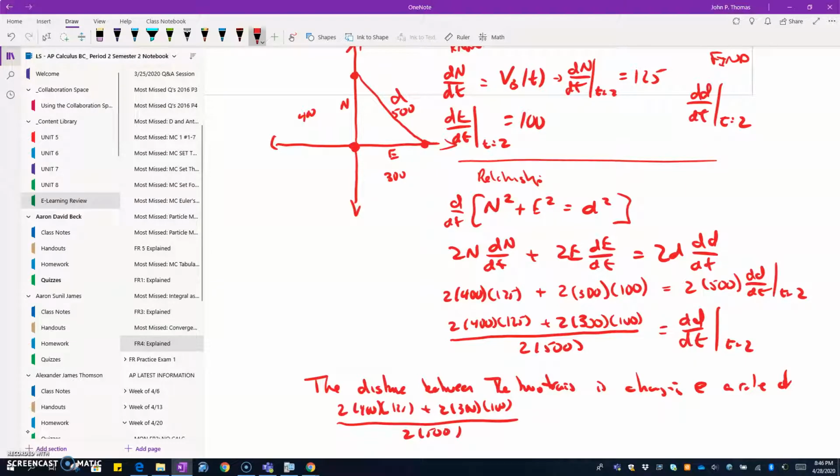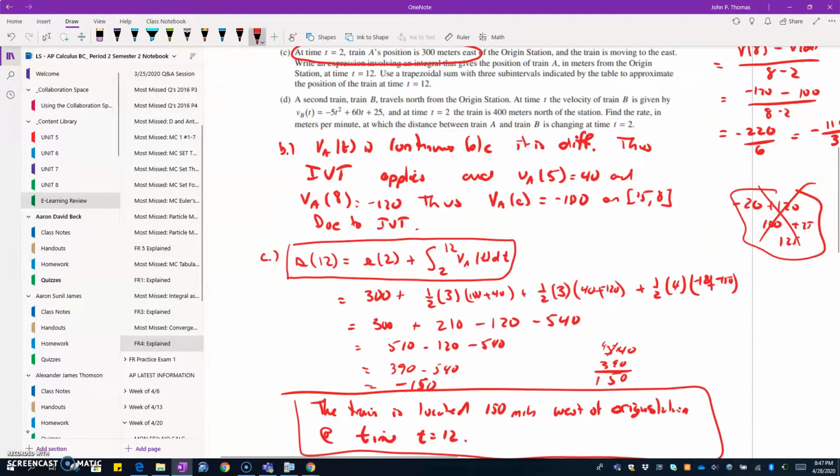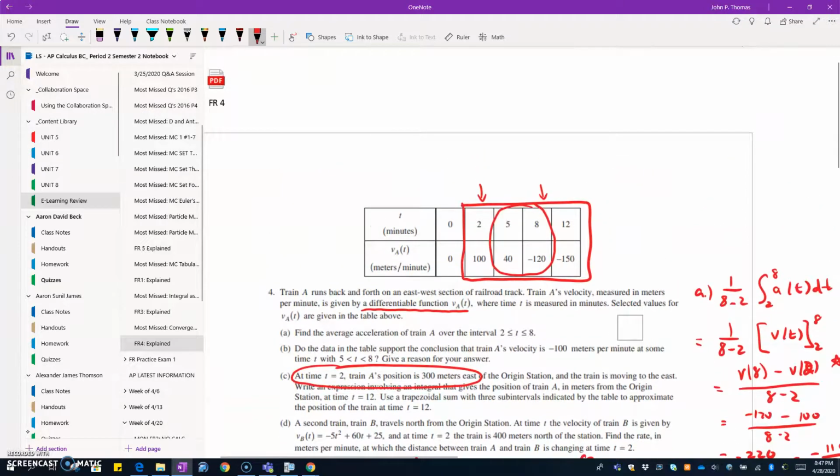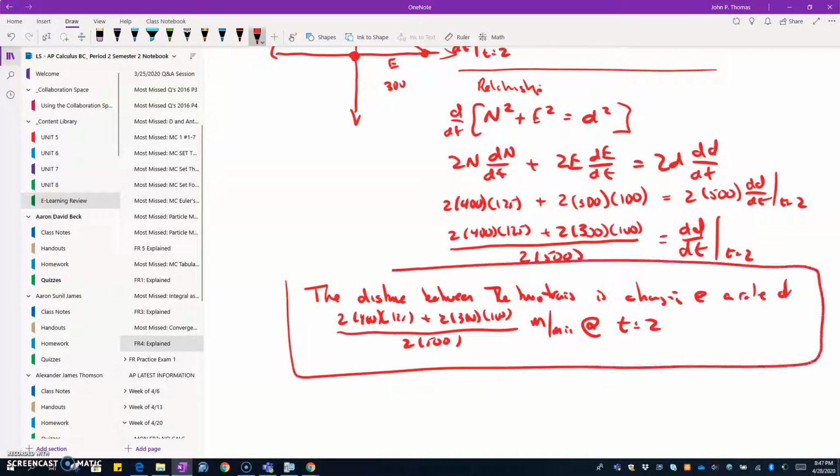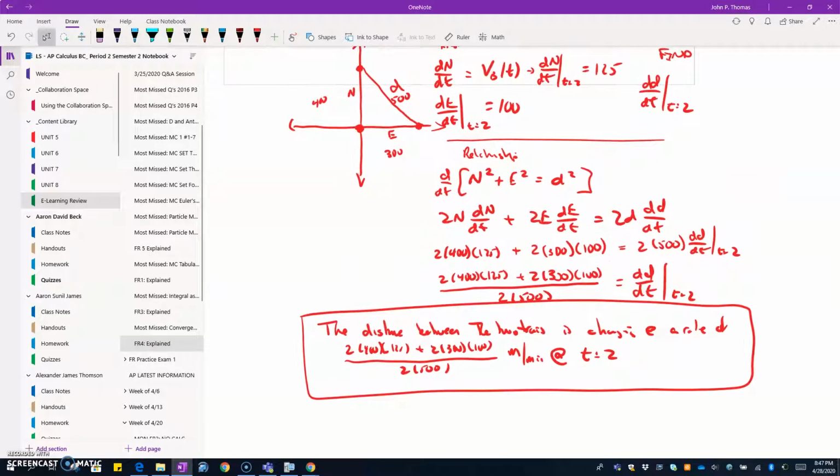And then I would look back to my units. We were all the way up at the top, we were meters per minute. So meters per minute at t equals 2. And that would be our final answer, and that's a related rates problem. So that would be the conclusion for the last part here.